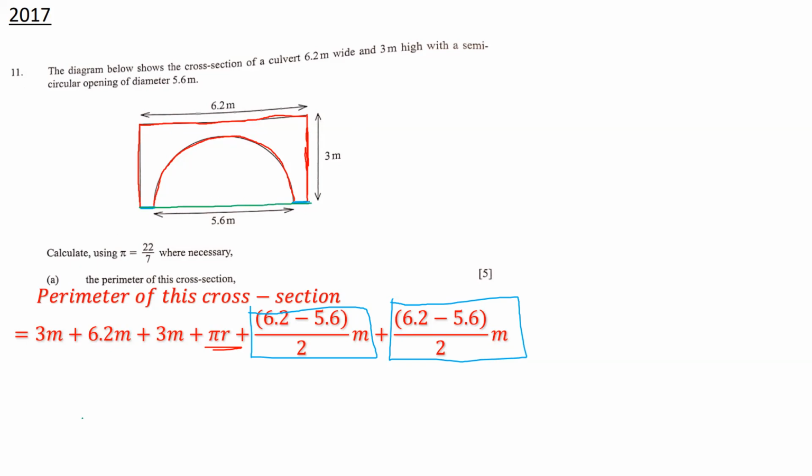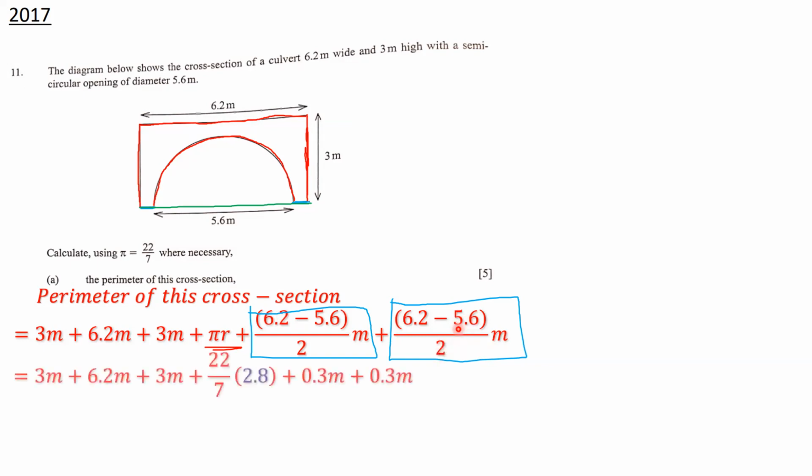But what we do know is that from this end to this end, it'll be 5.6. So what we do is we subtract 5.6 meters from 6.2. And that leaves us with the length in baby blue. But then we divide it by 2, because that length is shared between this side and that side. And so this baby blue side is represented by 6.2 minus 5.6, divided by 2. And this blue side right here is also represented by 6.2 minus 5.6, divided by 2.